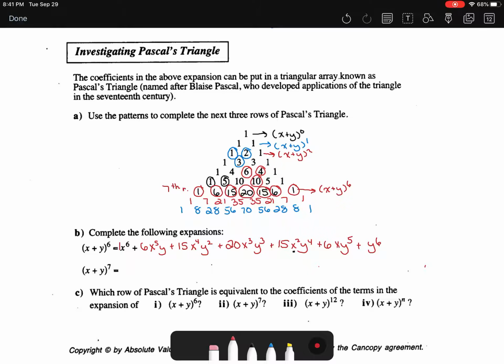So therefore, we should be able to easily do x plus y to the exponent of 7 now, which is, okay, the next row down, there's x plus y to the exponent of 7, which is, again, the 8th row. So in that 8th row, you can see all the coefficients there.